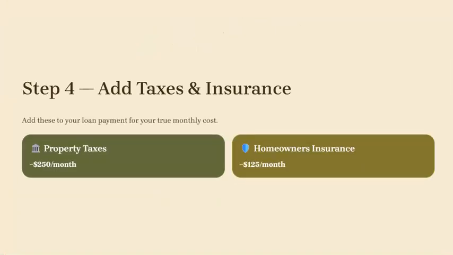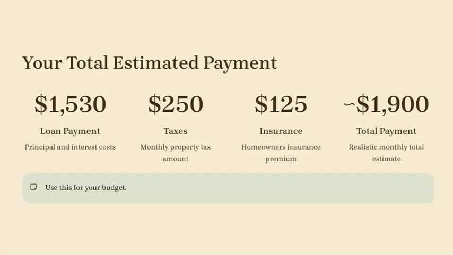Step 4. Add in taxes and insurance. Add these to your loan payment for your true monthly cost. Let's say in our example that the property taxes were $250 a month and the homeowner's insurance was $125 per month. Here's your total estimated payment.